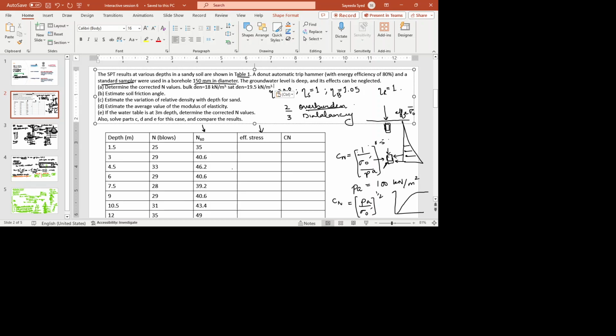Based on this, initially the water table is very deep.